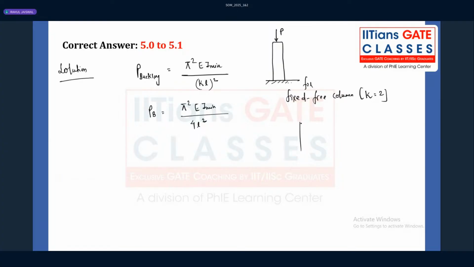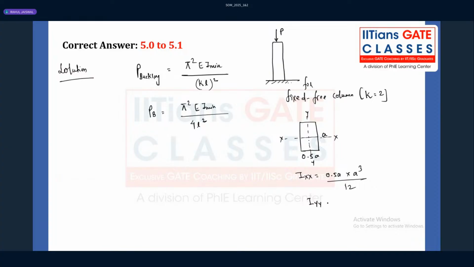They have given the cross section dimensions as 0.5 A and A. This is YY, this is XX, for example. What are the IXX? It is 0.5 A, A cube upon 12.